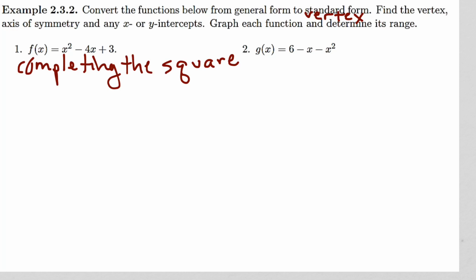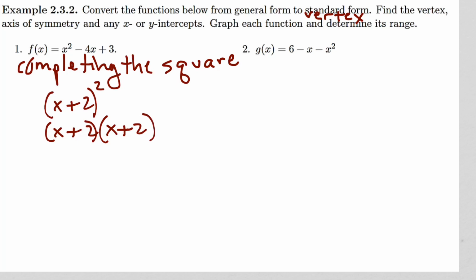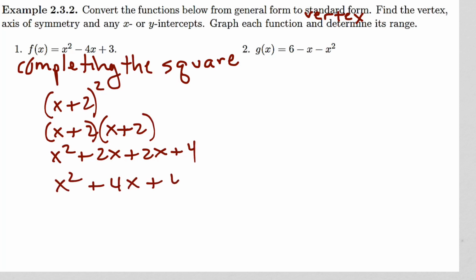And the reason it's called that is because we're basically relying on a pattern. Let me just show you real briefly what I'm talking about. Let's say you had (x plus 2) squared. Okay, so that's a squared binomial, the binomial being x plus 2. So x plus 2 times x plus 2 is x squared plus 2x plus 2x plus 4, which is x squared plus 4x plus 4.